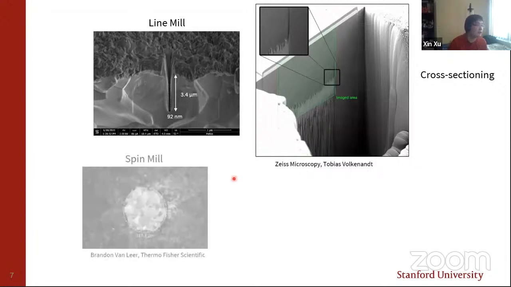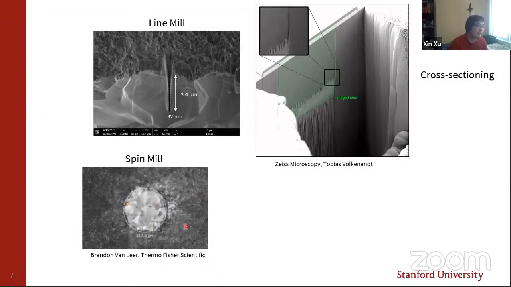Another example is that you can do a spin mill. This is not a very common case, but right now I think it's gaining more popularity in this field. So what's a spin mill? It means you tilt the sample to a grazing angle to the ion column, and rotate the sample 36 degrees with the gallium beam on.